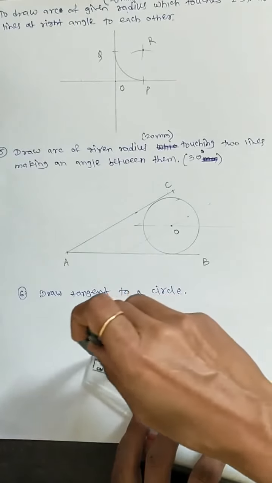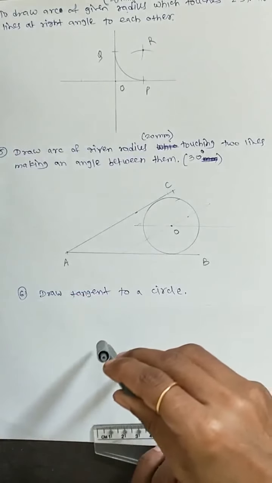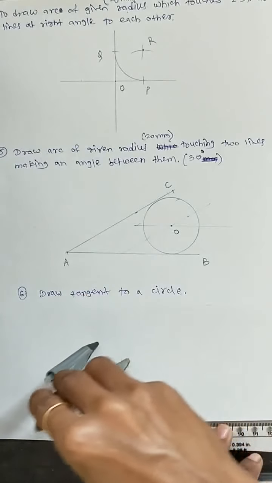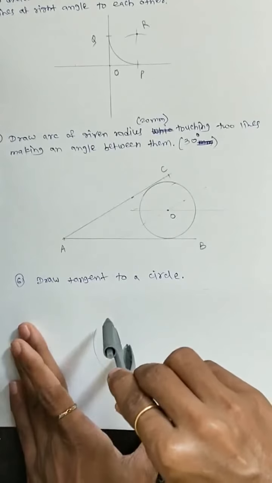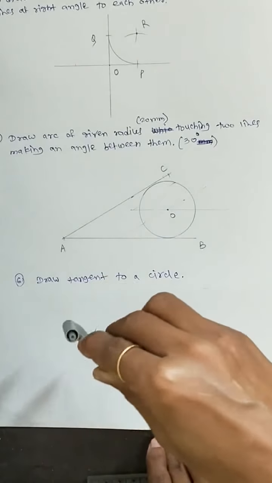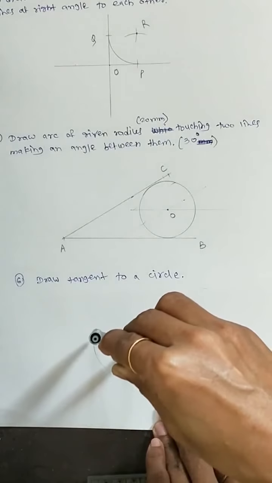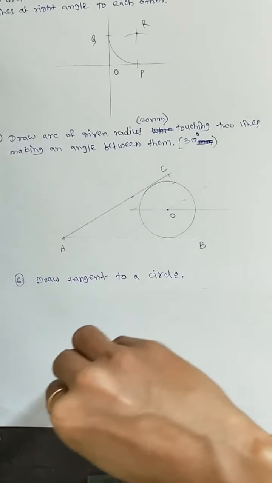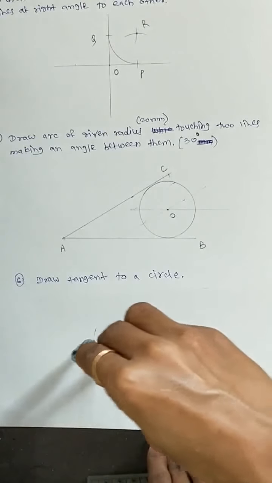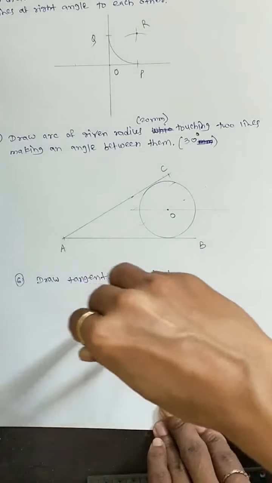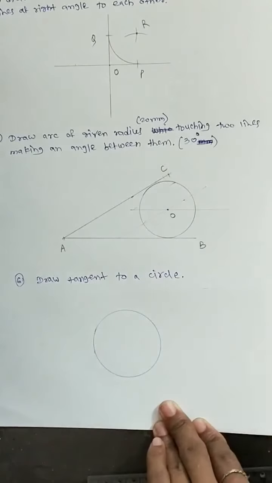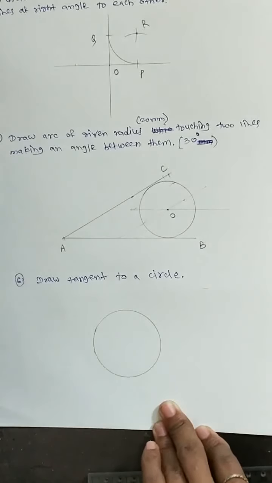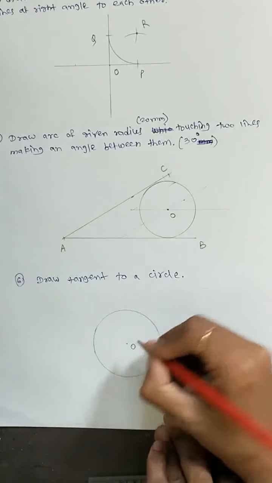Suppose we will take radius as 25 mm. And give name to this center point as point O.